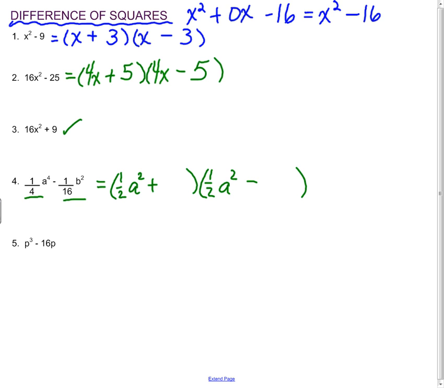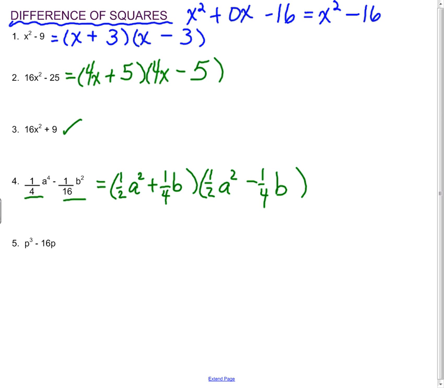There, I have my first terms figured out. The back half of the brackets will be something that multiplies to 1/16. That would be a quarter and a quarter. And the back half of the brackets would give us b squared, so b and b. That's ugly. That's just reminding you about your rules of fractions.